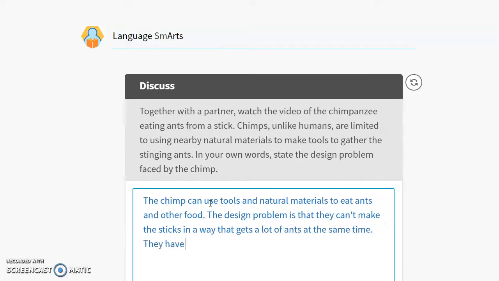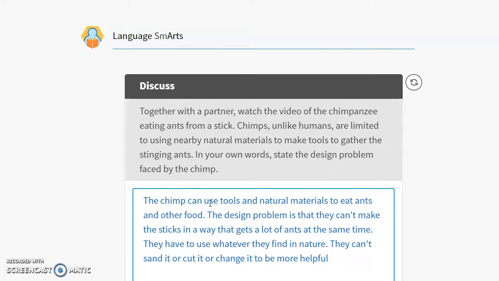They have to use whatever they find in nature. They can't sand it or cut it or mix it. Technically they can mix it, so they can't sand it or cut it or change it to be more helpful. That's kind of their design problem.